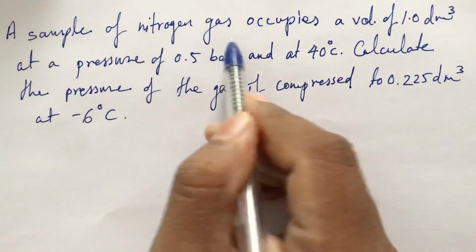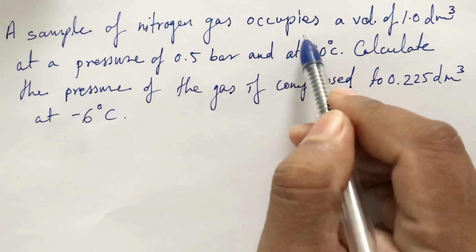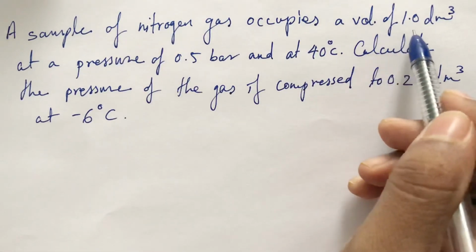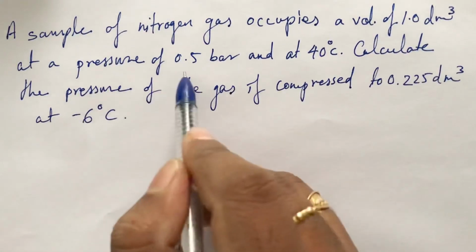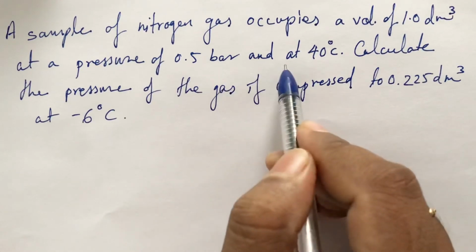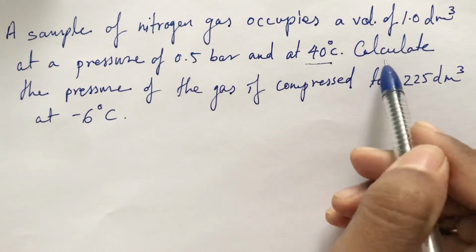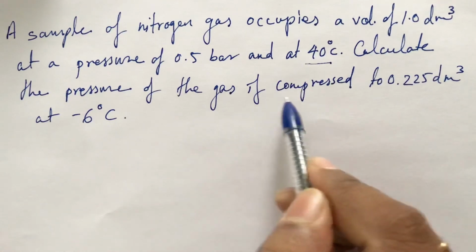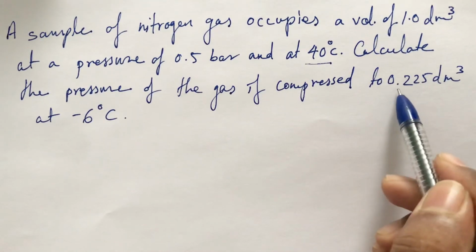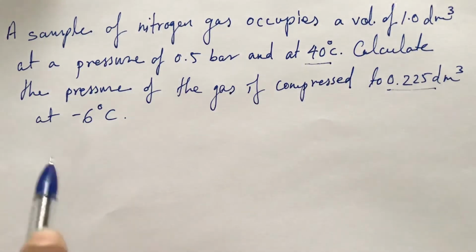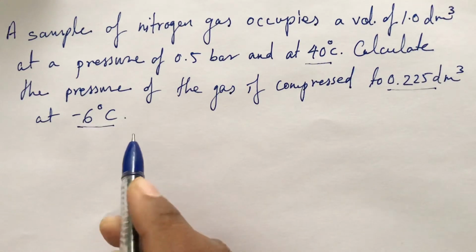A sample of nitrogen gas occupies a volume of 1.0 dm cube at a pressure of 0.5 bar and at 40 degrees Celsius. Calculate the pressure of the gas if compressed to 0.225 dm cube at minus 6 degrees Celsius.